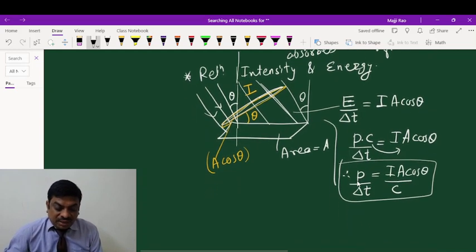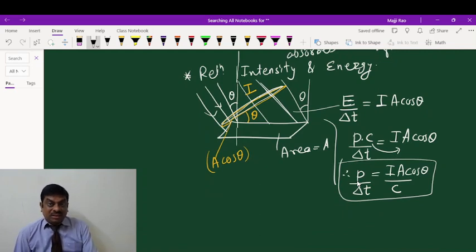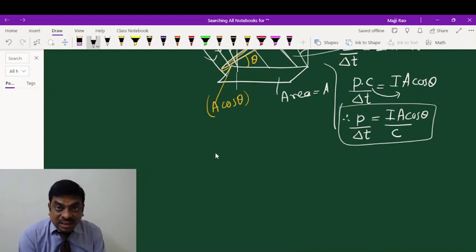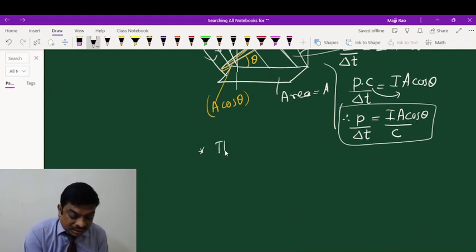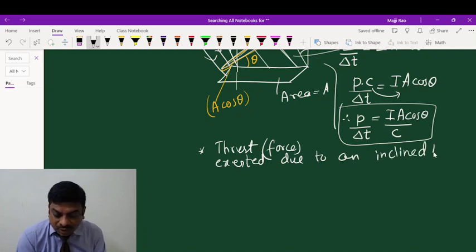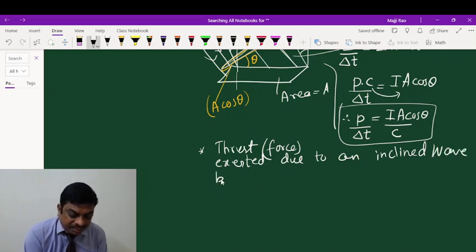Now let us find the force exerted on the surface when the radiation is inclined. So next we will see the thrust, that is force, exerted due to an inclined wave beam.